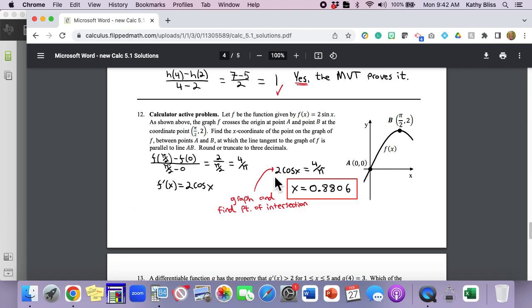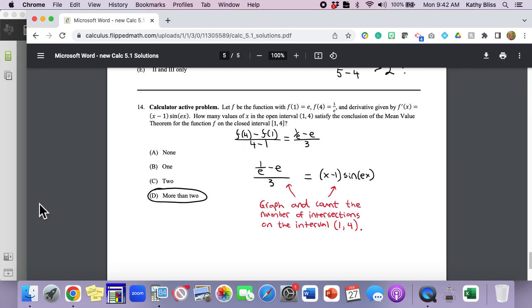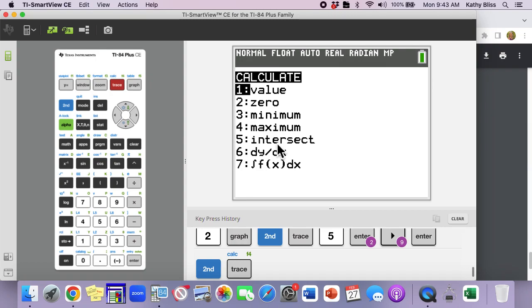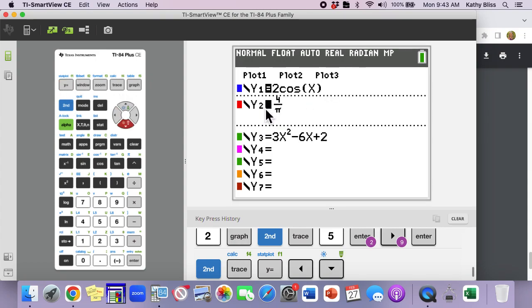All right, my friends, those are 2 things to do on your calculator that I would have taught my Algebra 2 kids in the past. If you go to second calc, you'll see some other things there, how to find the max and the min. So let's just go back to my y equals, and let's take a look at this 2 cosine x curve.